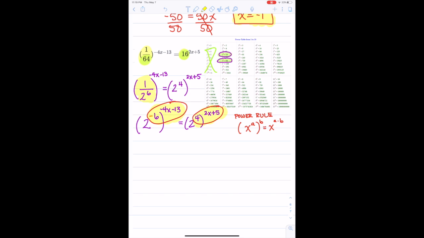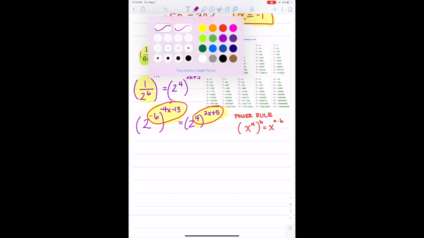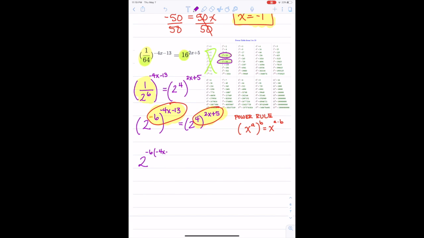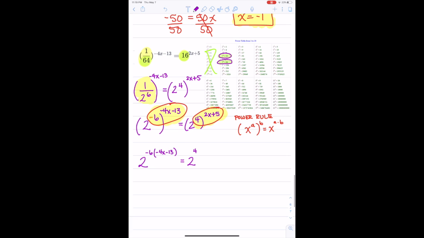So let me show you how that works in the next step. So the base, obviously I did all that work to get the base the same. So I'm going to leave it as 2, but when I write the power, it's going to all come together. So that's 1 power is equal to 2. And there's the other power.